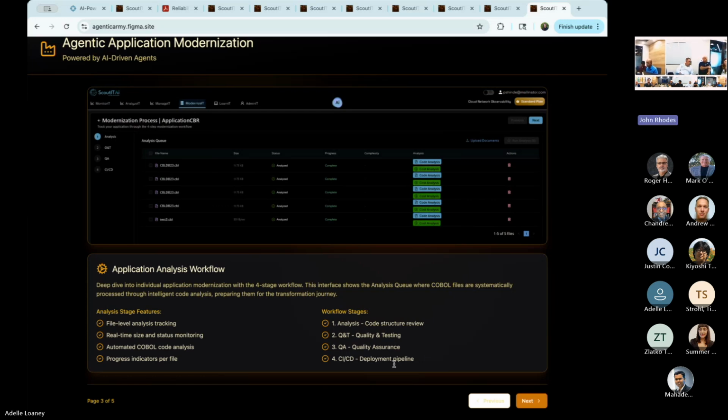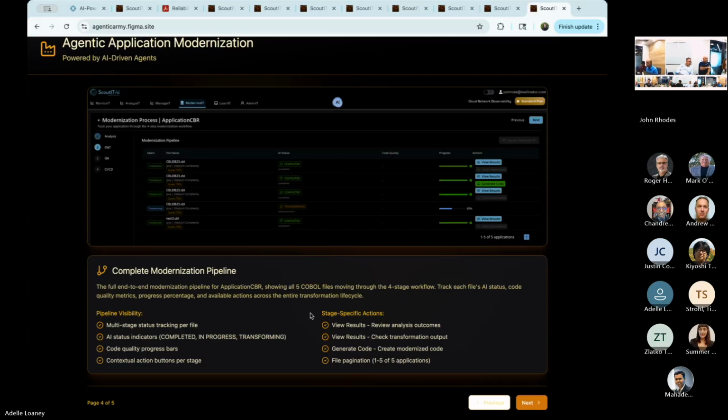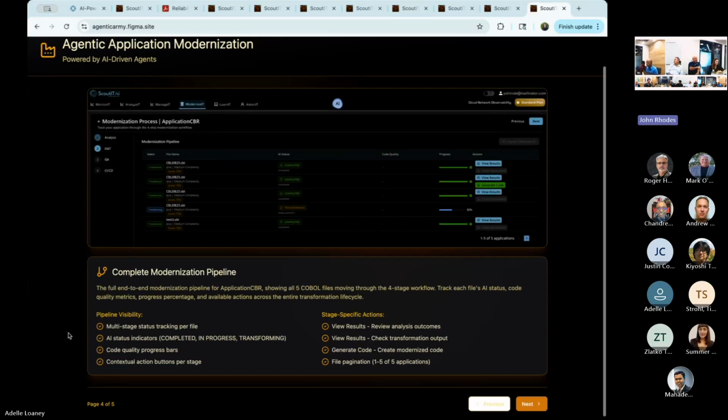Next, let's see if there's another one. There's more. There's 5. So this is the complete modernization pipeline. This would show you a full end-to-end pipeline for all your applications, showing different files moving through the 4 stages of the workflow.